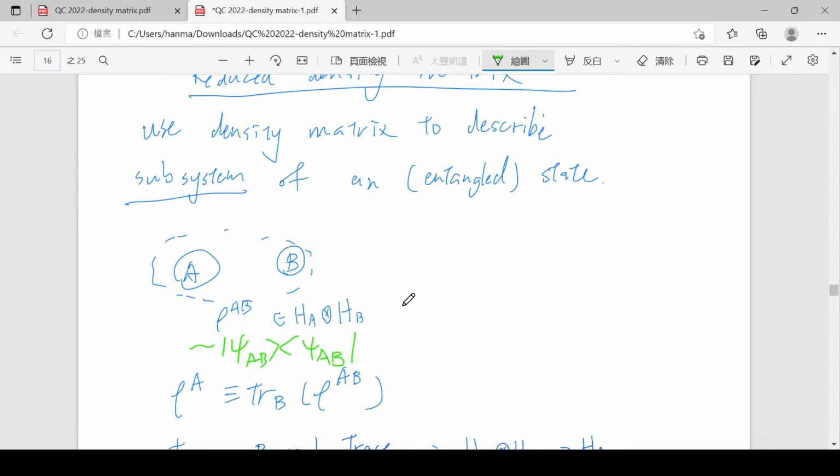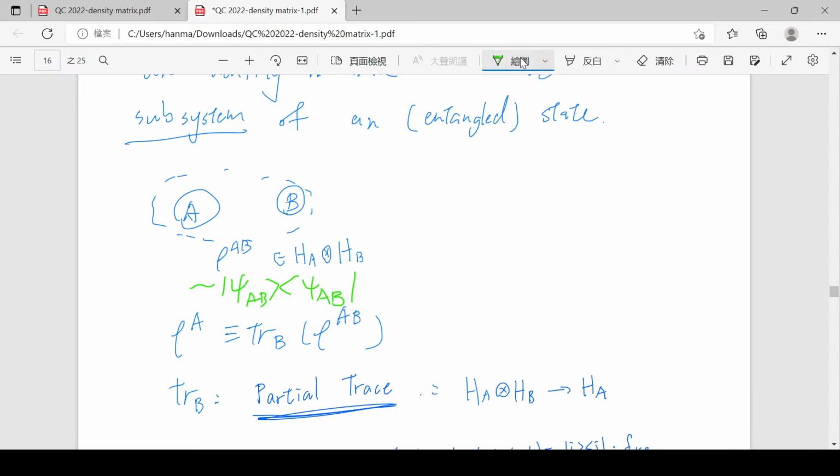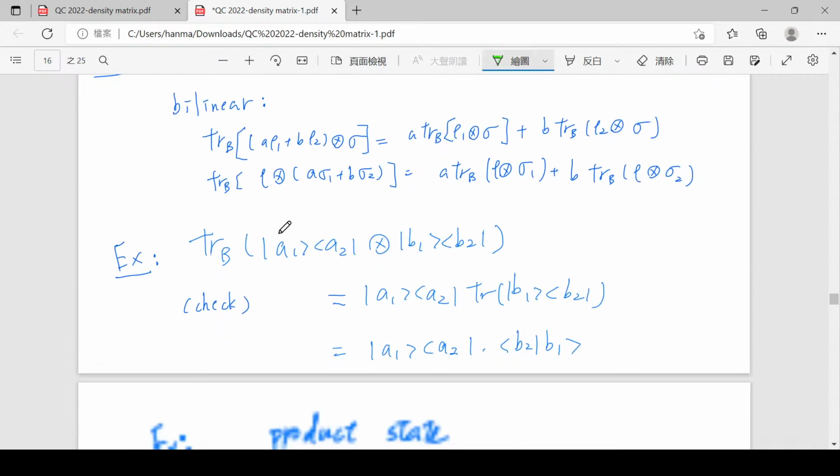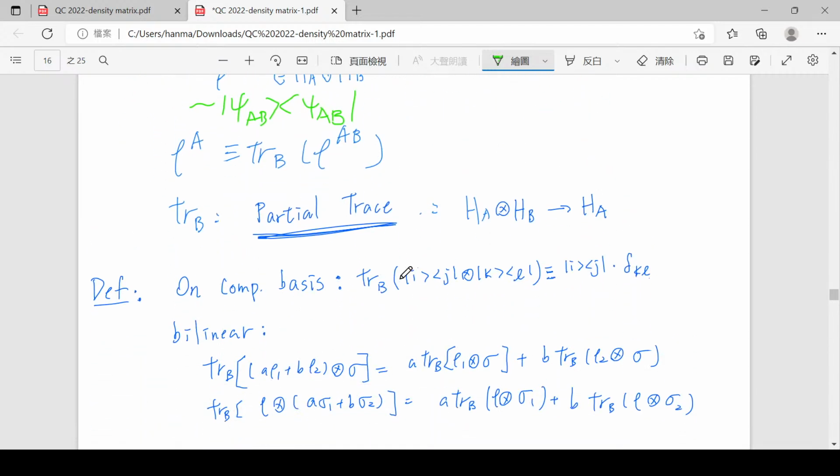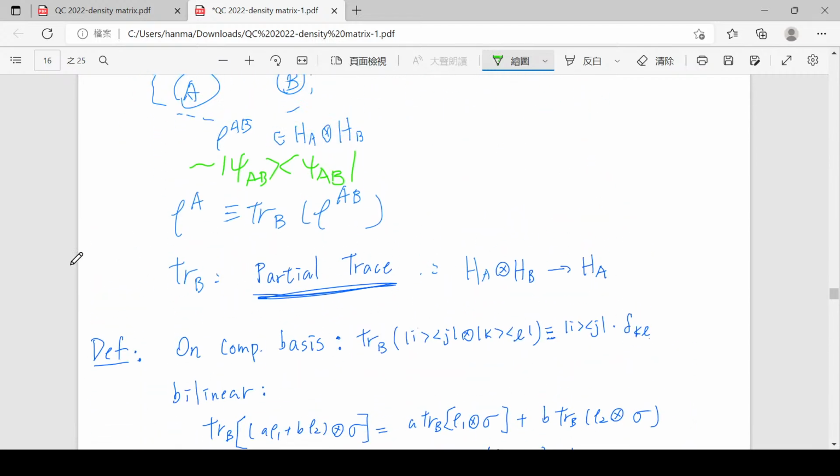And then we want to describe what Alice can see on her own part. We will show that this can be described by the reduced density matrix rho_A, a density matrix on A's part. This reduced density matrix is calculated by doing a partial trace operation on the global state rho_AB. So for the rest of today's class, we are going to talk about this partial trace.